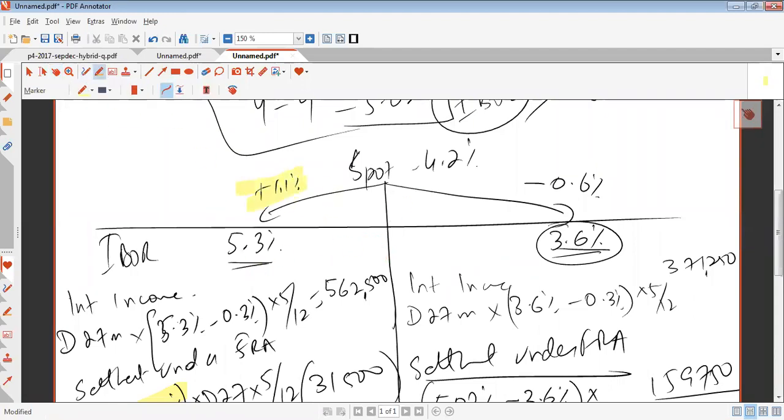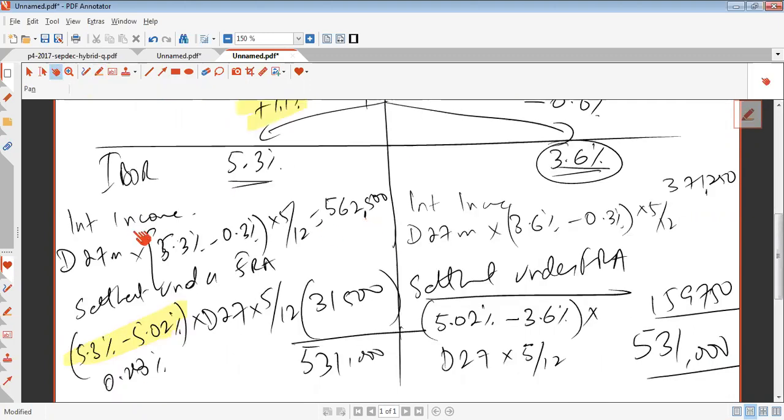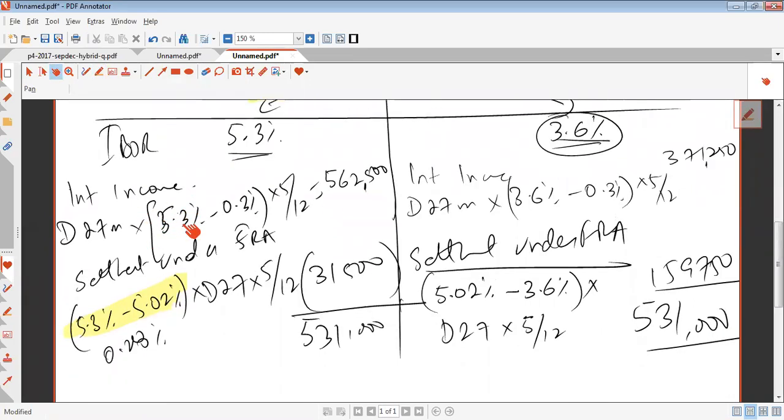So we are going to be depositing the funds at 5.3 less 0.3, which gives you an interest of 562,500. The bank with whom we have entered into FRA would tell you that we had agreed to a rate of 5.02% and you've been able to achieve a rate of 5.3. So you need to settle 0.28% to us. So you would settle 0.28% to them.